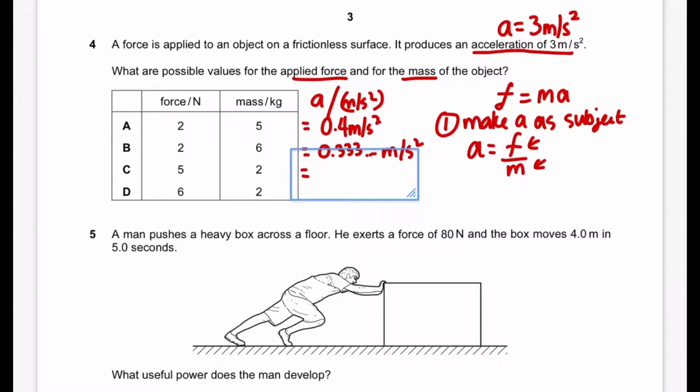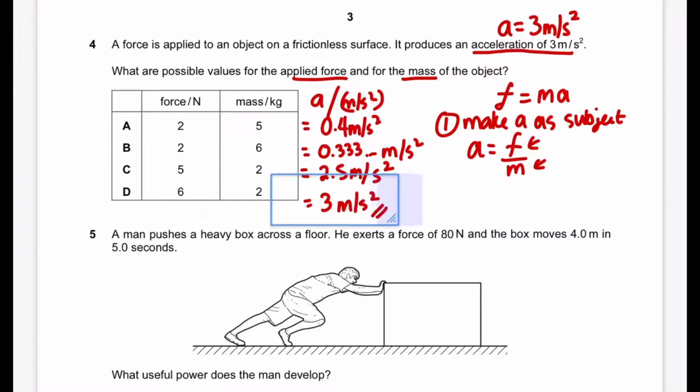Option C, 5 divided by 2, which is 2.5 meter per second square. And last but not least, the option D, 6 divided by 2 is 3 meter per second square, which is what we wanted. So the answer is D. This is very straightforward. Alright, this is the first method.